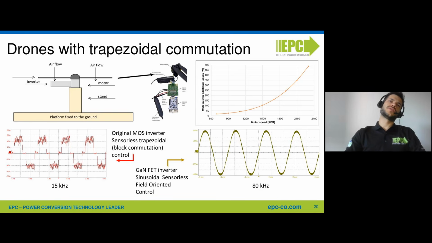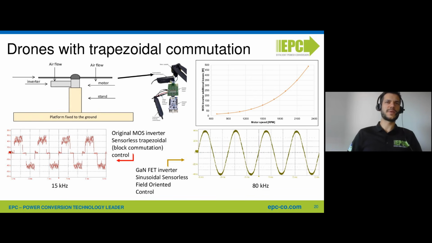block commutation, trapezoidal control is used in inverters that suffer from very high switching losses, because each one of the legs is not switching during a large amount of the overall electrical cycle, while this is not true in the sinusoidal modulation, because all the switches, all the transistors are always commutating during all the electrical cycle.